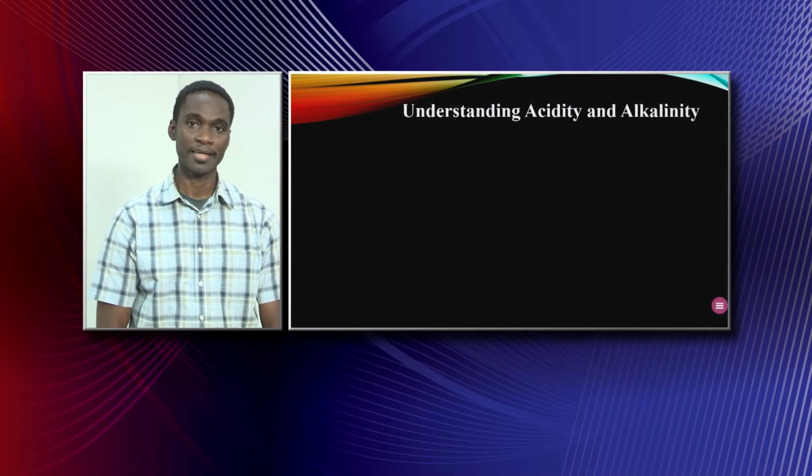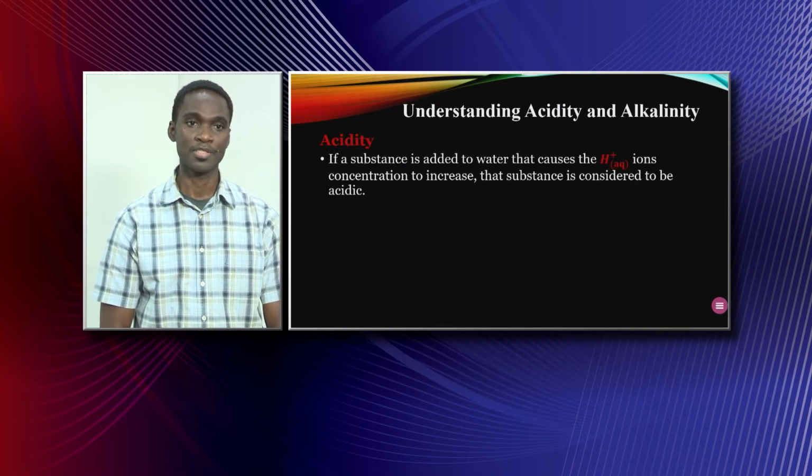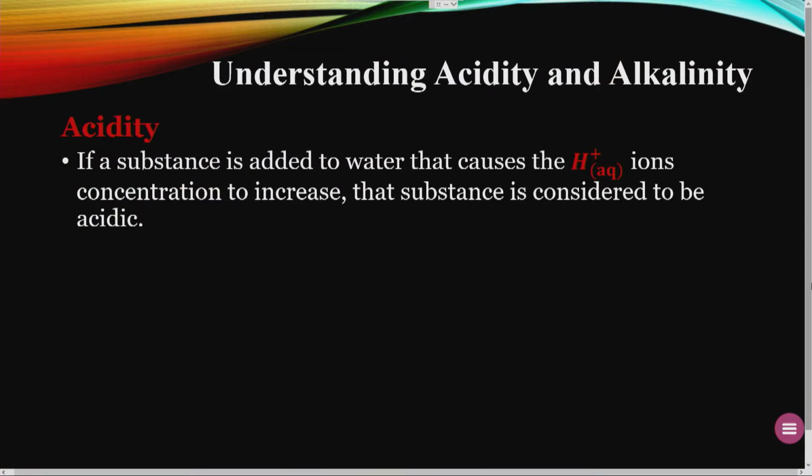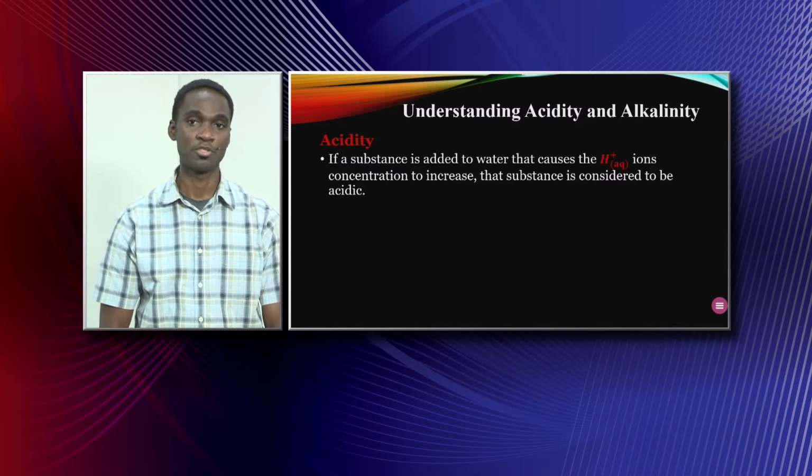As we begin to understand acidity and alkalinity, first, when we speak of acidity, if a substance is added to water that causes the H plus ion concentration to increase, that substance is considered to be acidic. Going back to what we just learned, there are equal quantities of H plus ions and OH minus ions, and therefore they cancel out each other, making the environment neutral.